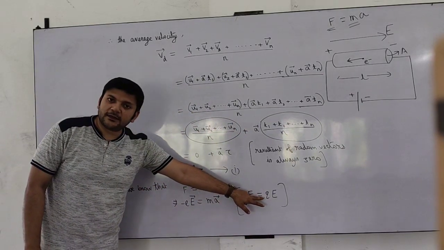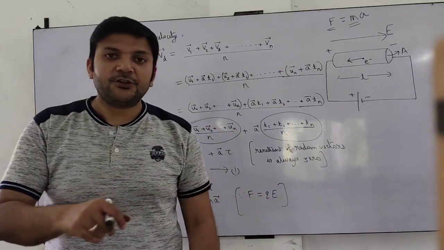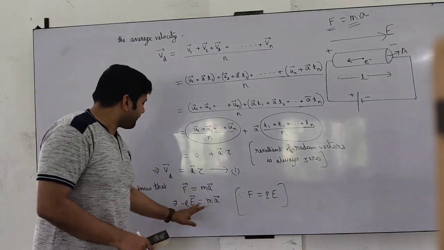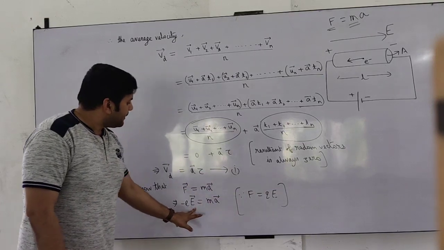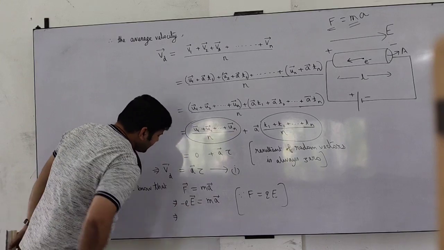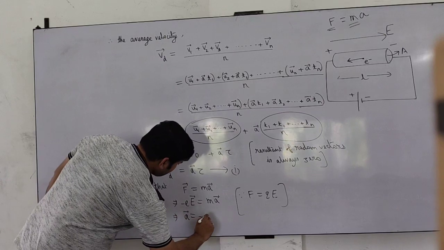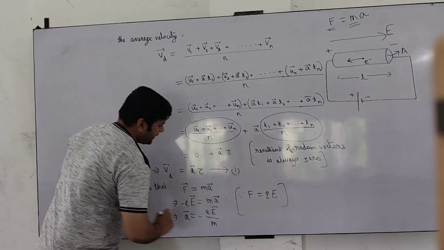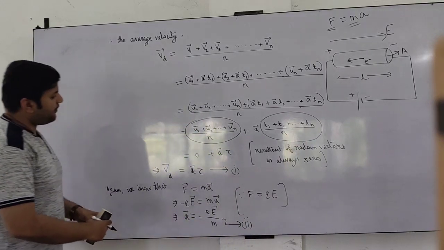We have to put minus e in place of q because the electron is negatively charged, and this is the electric field. So the a vector is equal to minus E vector divided by m. This is equation number 2.